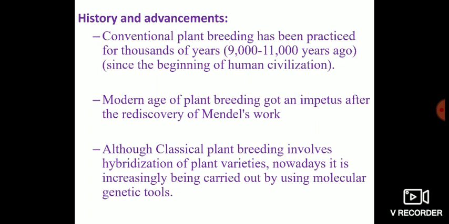The modern age of plant breeding got an impetus, a focus, only when Mendel's work was rediscovered. Although classical plant breeding involves hybridization of plant varieties, nowadays it is increasingly being carried out by using molecular genetic tools.